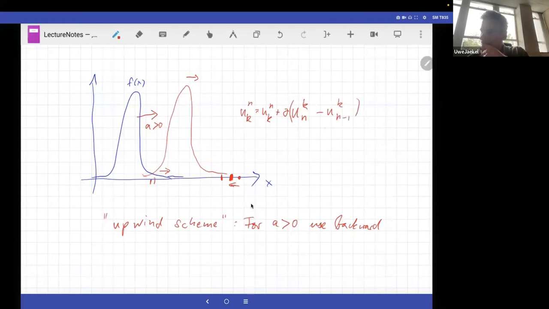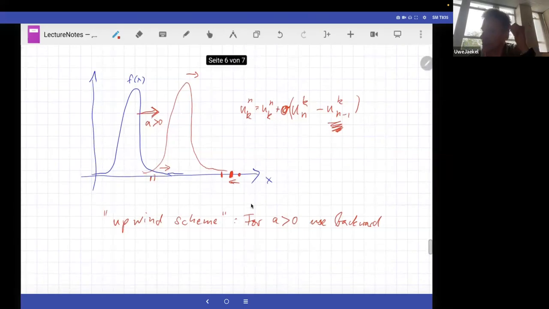So this is sigma. We get the information from the left neighbor because the information is flowing from the left to the right. Sorry, this is a minus.